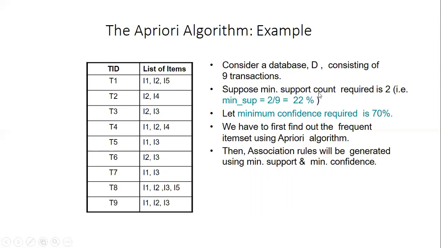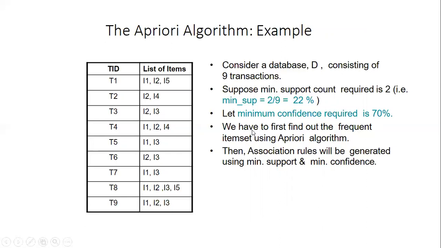Suppose the minimum support and minimum confidence are given. Minimum support count is 2, so the percentage of minimum support will be 22%. How? 2 divided by the total number of transactions, that is 22%. Let the minimum confidence required be 70%. Both are given here: minimum support count is 2 and confidence is 70%.